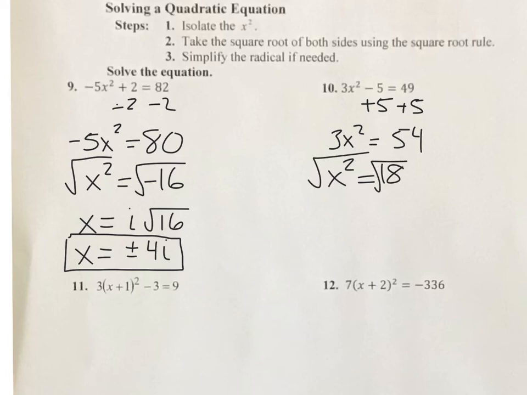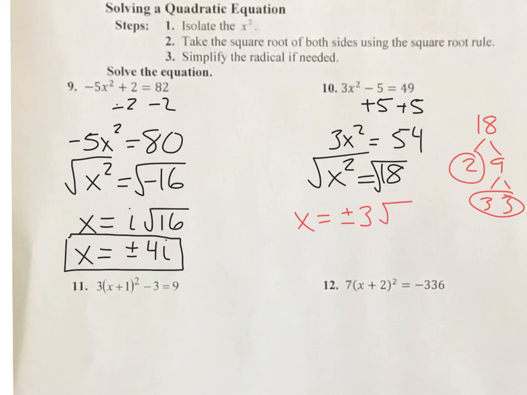So all we have to do here is simply take out what can come out in a pair. So we have 2 times 9. So that's 3 and 3. So the 3's are a pair, so they can leave. So I end up with x is equal to plus or minus 3. And then the lone 2 has to go back inside. So I have plus or minus 3 square root of 2. Okay? Now let's go ahead and do number 11.